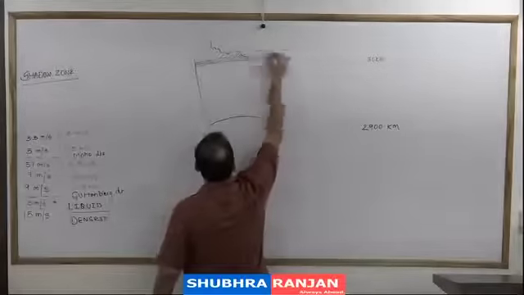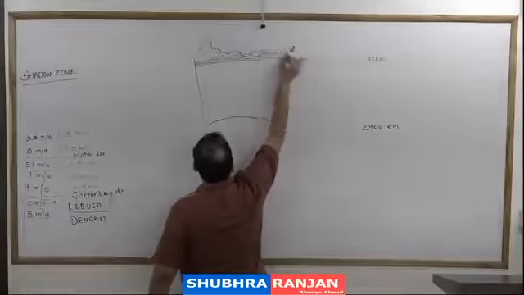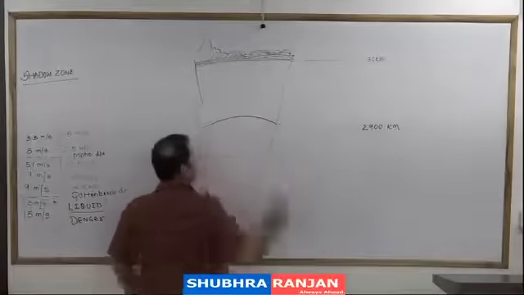So what does this mean? See, this is the continental crust and this is the oceanic crust.